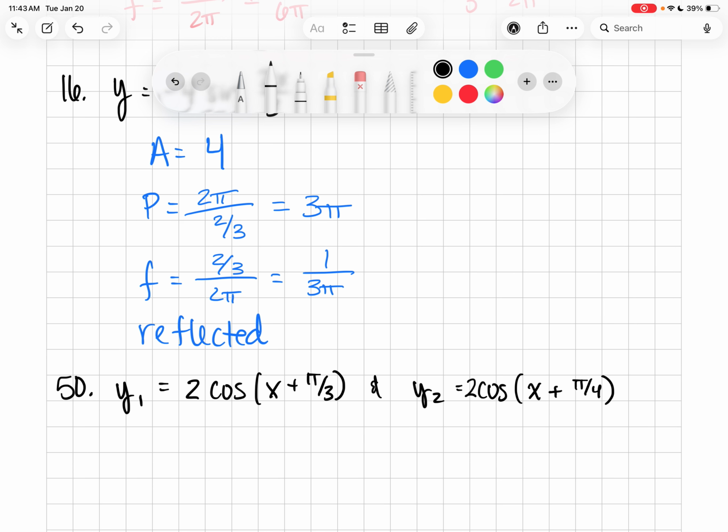I modified this problem slightly to make it more realistic. So I need to figure out what is happening to get from the graph of y1 to the graph of y2. Amplitude's the same, period's the same. So what's the only thing that's different about these two graphs? It shifted left and right.